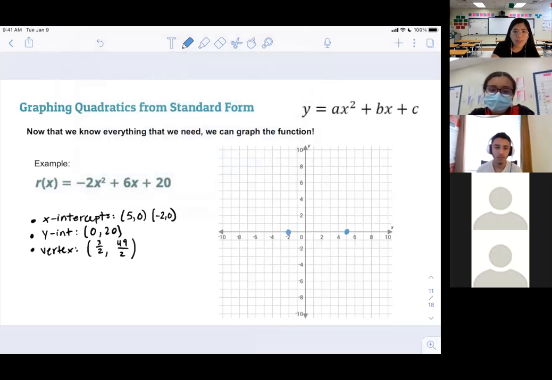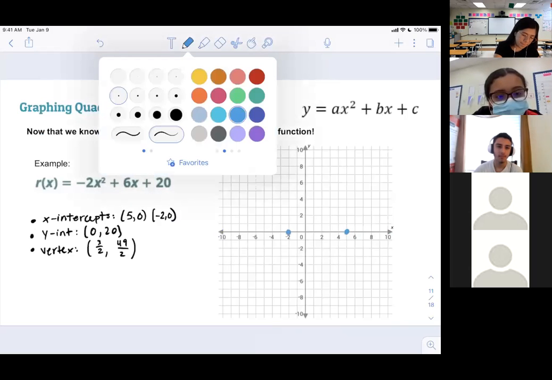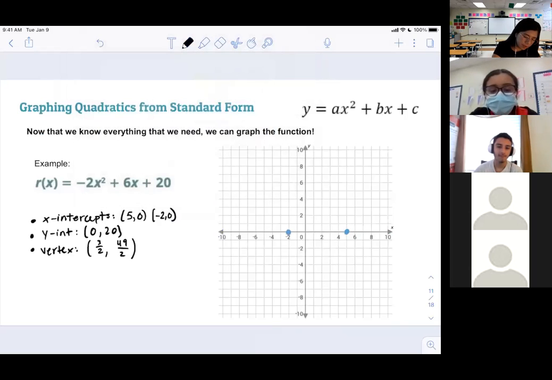Is this opening downwards or upwards? Downwards. Good. The vertex is in fraction form, but sometimes decimals are a little easier to understand. So what would I get as a decimal? 1.5 and 24.5.